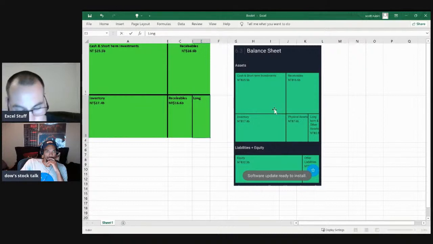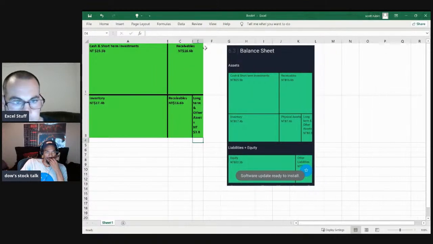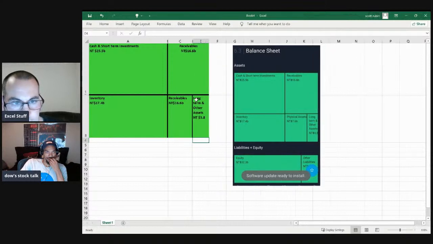Yeah, I mean, this is the easy way, just to do it manually. And I'm going to try to do it the more dynamic way after this. And you could kind of manually change the size of the boxes. Other assets. So that's a top one.